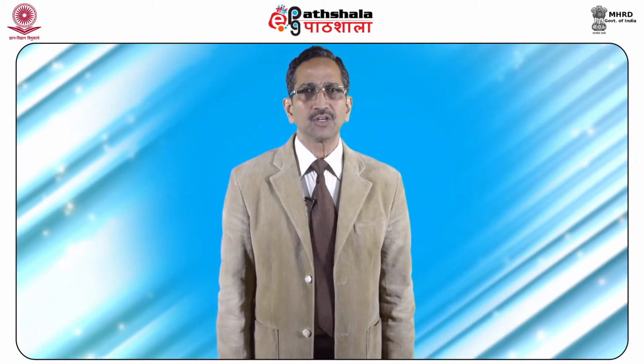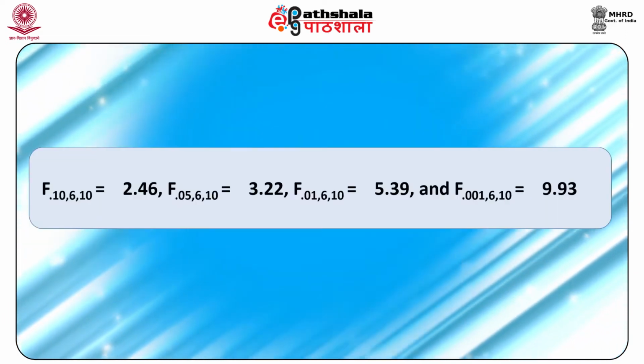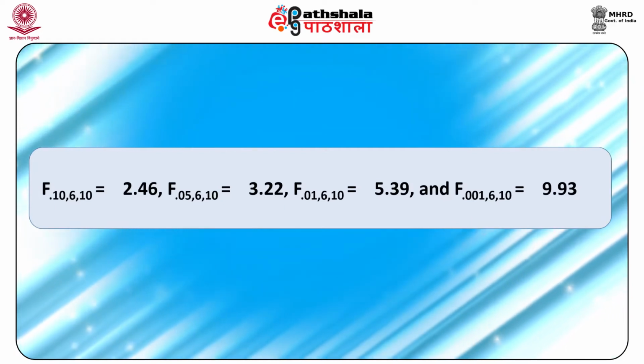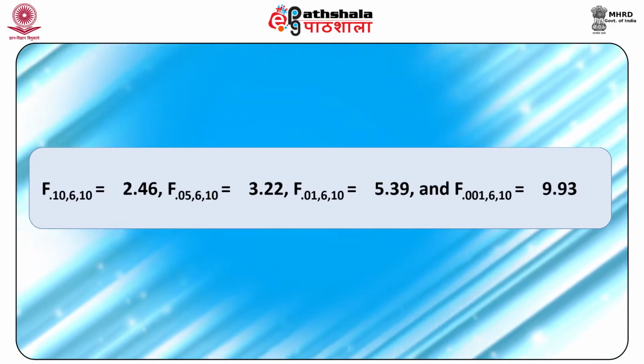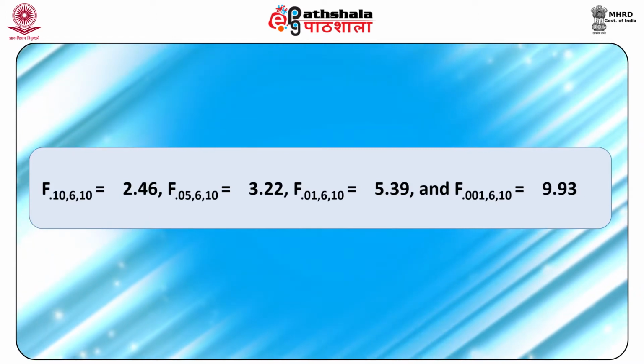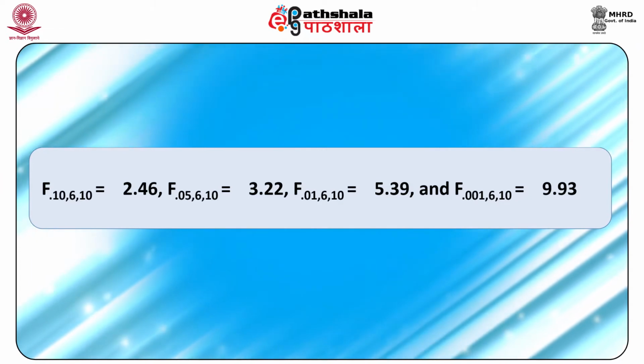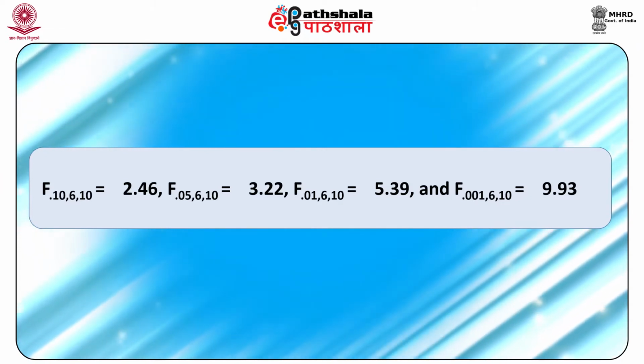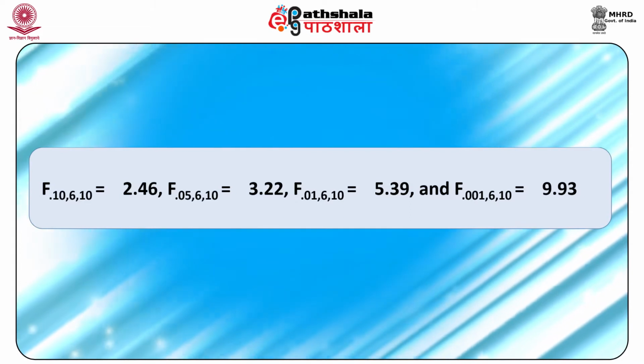For example, to find the value F alpha 6, 10, we look at the intersection of the column corresponding to 6 degrees of freedom of the numerator and the group of 4 rows corresponding to 10 degrees of freedom of the denominator. This cell contains 4 critical F values, namely 2.46, 3.22, 5.39 and 9.93, corresponding to the 4 values of alpha respectively.